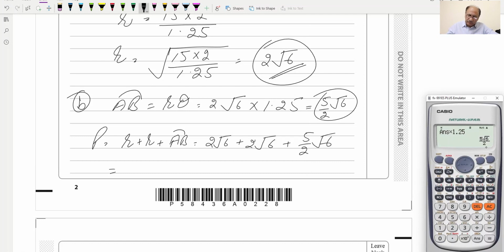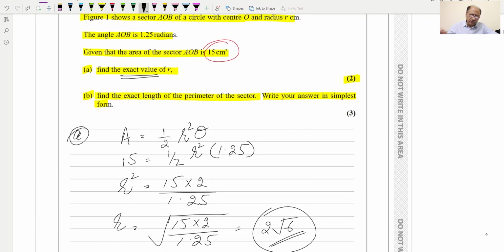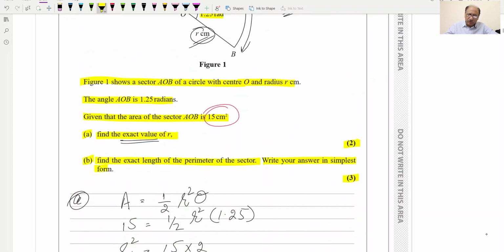So 5/2 under root 6 is already there, so we'll add plus 2 root 6 and plus 2 root 6, and this will result in 13/2 under root 6. So this will be the answer which we can provide, and this was basically a 3 marks part. So the total question was 5 marks, question number 1, which we have done.